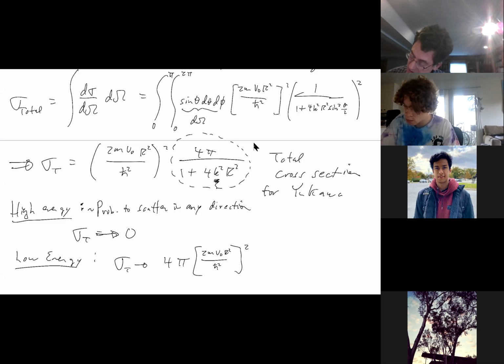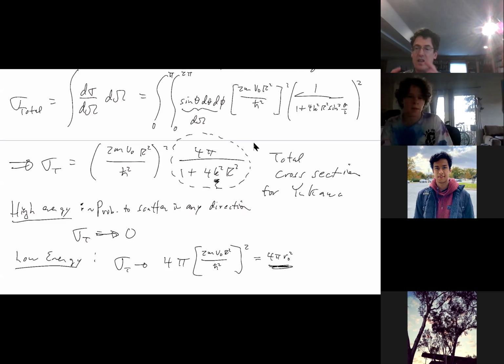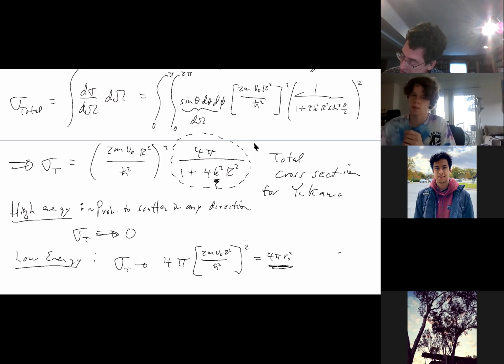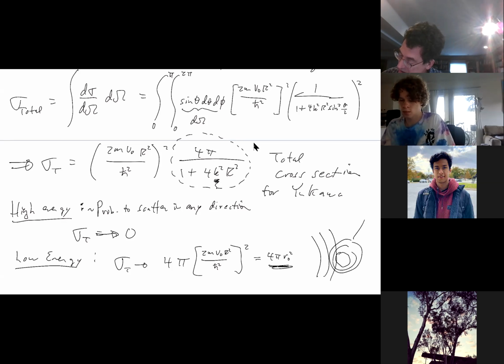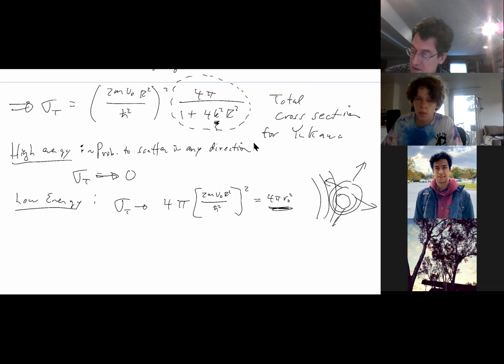And this is kind of a cute thing to look at because it's sort of like that's equal to 4 pi r naught squared. It's sort of giving you the size of the scatterer. It's like the waves are coming in and they're wrapping around that scatterer and zooming off. That gives me basically the effective area of the scatterer.